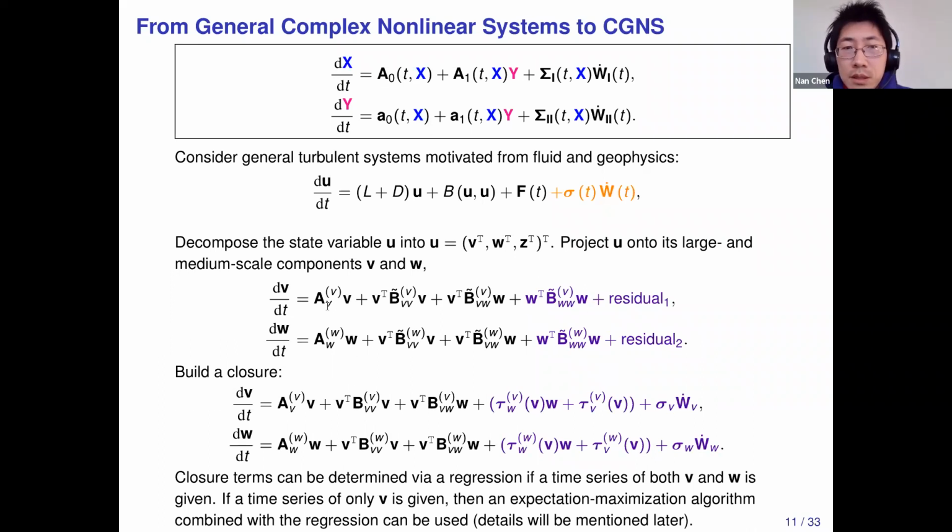With the simplest closure method, you replace these purple terms by some closures. And for the closure, we can on purpose use a conditional linear function for this W. So we can include arbitrary nonlinear terms for V, but for W, it's a conditional linear system, right? Then this overall model will become a conditional Gaussian system.